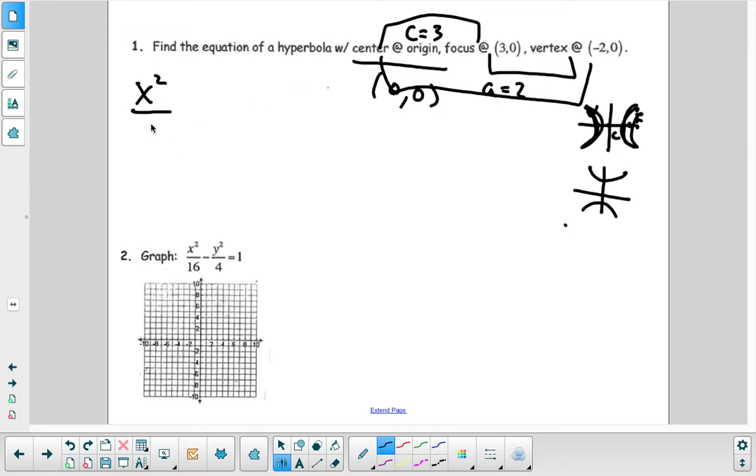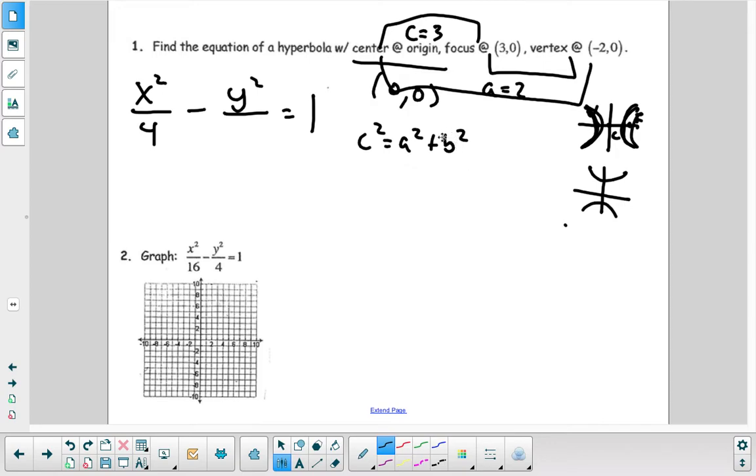So A, we said, is 2. Y squared over B squared. We don't have that yet, and we're going to say that equals 1. And we have our formula to find our focus, but we already know the focus distance.